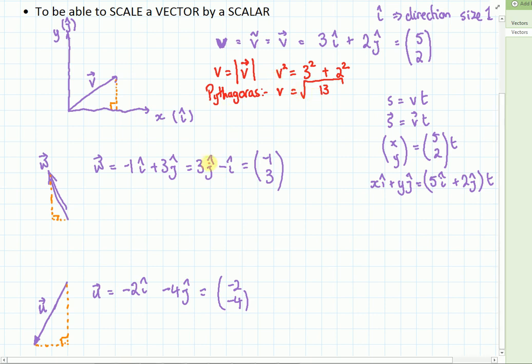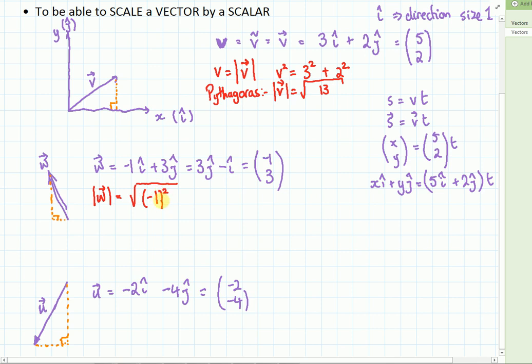So let's do the modulus of w as well. The modulus of w is going to be the square root, and this is something you should remember from when you were doing Pythagoras originally. Anytime you've got a negative number as a coordinate and you're using Pythagoras, put it in brackets.